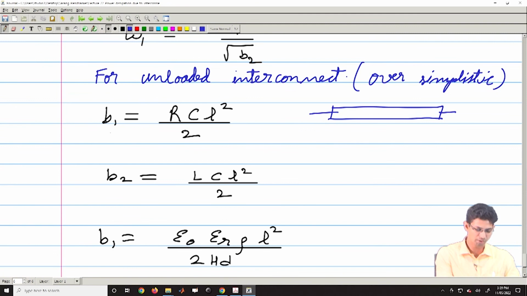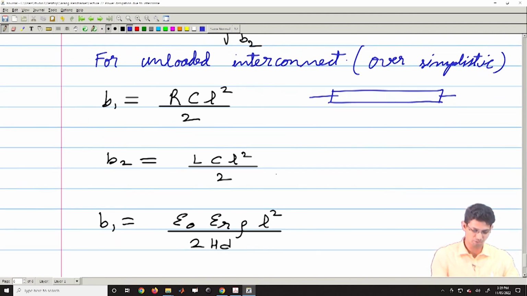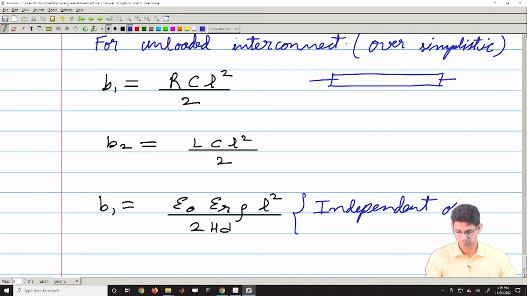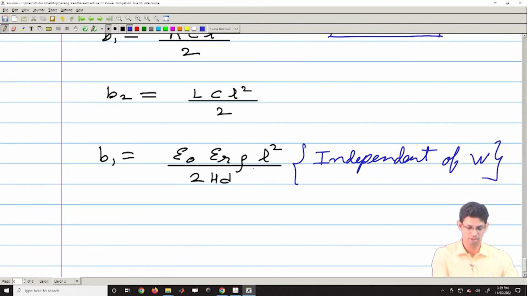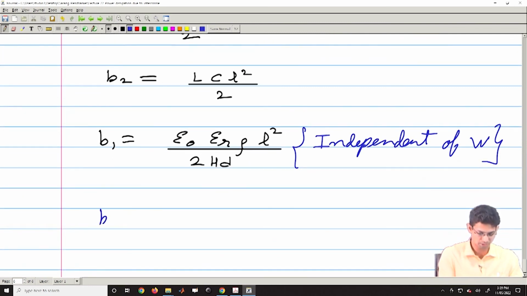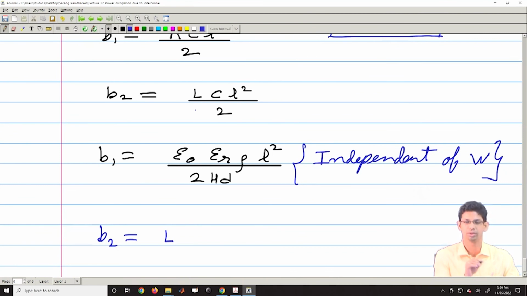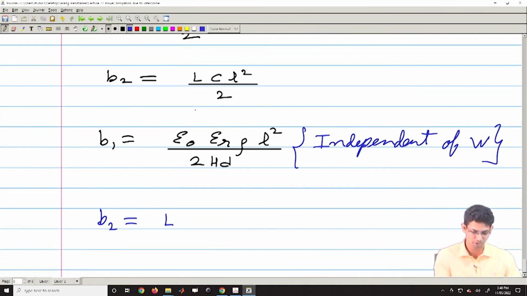If I look at B1, which is RC L square by 2, it is independent of W; this does not vary with width. If I look at B2, L we are assuming is not dependent on W, or even if there is dependence, it is very weak.